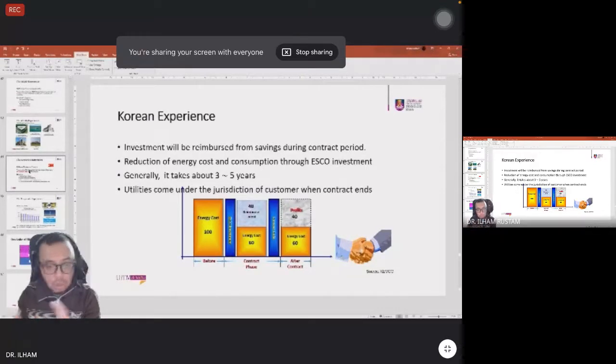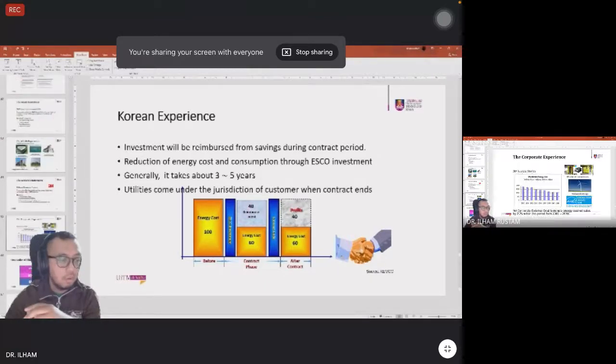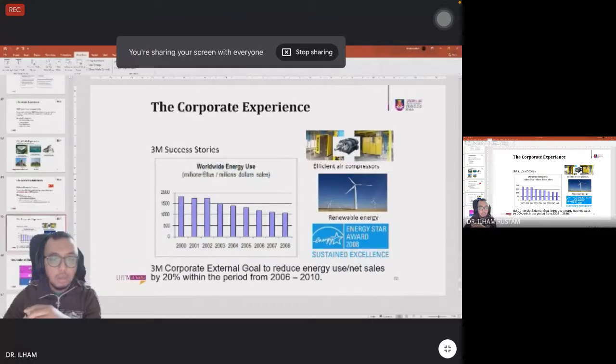It's a good thing that korang tahu semua ni, sebab macam saya cakap tadi, company 3M ni, this is in million British ton, over $1 million US dollars, bukan RM, US dollars. Nampak macam tak adalah ketara sangat turun ni, tapi ini is in million. I would assume this is around 1,800 million.